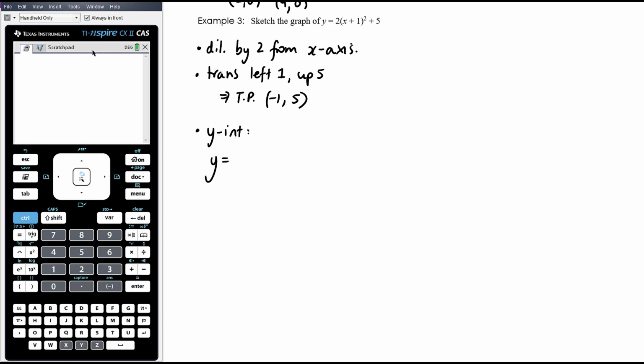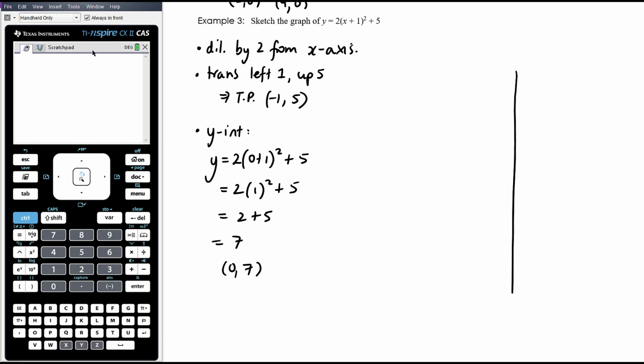Let x equal 0: 2 times (0 plus 1) all squared plus 5. So that's 2 times 1 squared plus 5. 1 squared is 1, so it's just 2 plus 5, which is 7. So (0, 7). Okay, so thinking about our axes. 1, 2, 3, 4, 5, 6, 7.